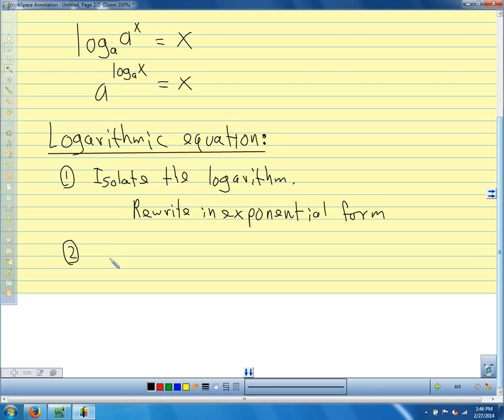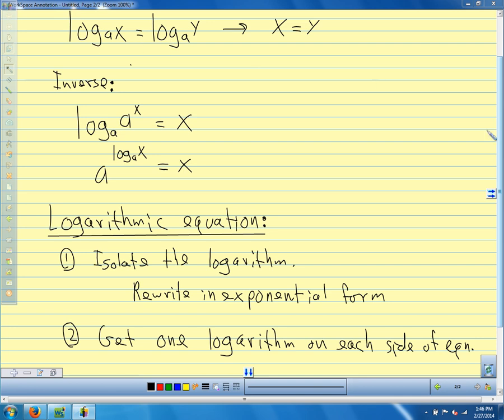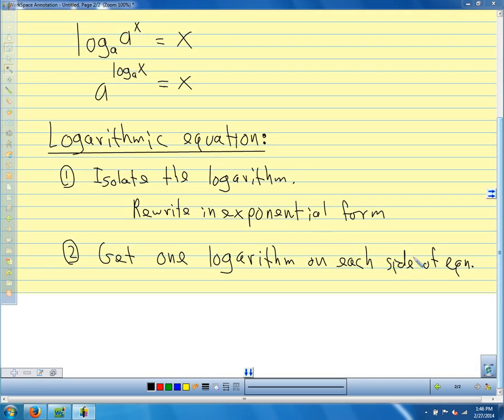And the second method is to get one logarithm on each side of the equation, and then we're going to use the one-to-one property. Our logarithms on each side of the equation have to be the same base.